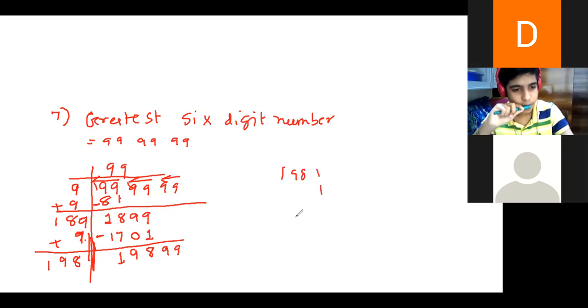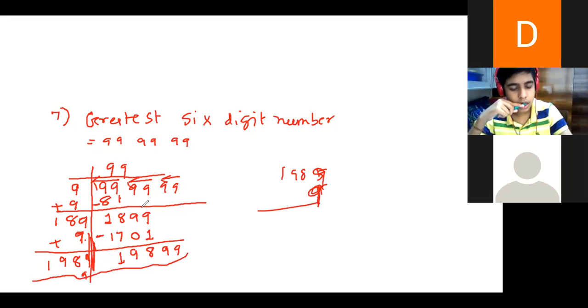Now think 198. If I take 1, then it is just 4 digits, but this is actually 5 digits. So let us take 9, because if we take 10, it will become 19,800. Yes, 9 is perfect, the closest one. So here also 9. 9 nines are 81.